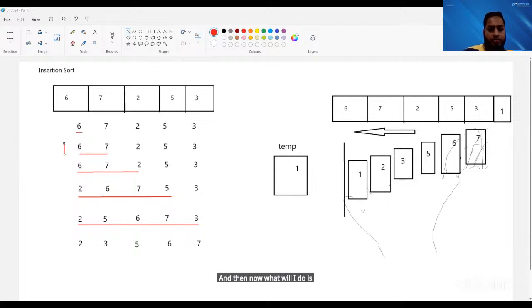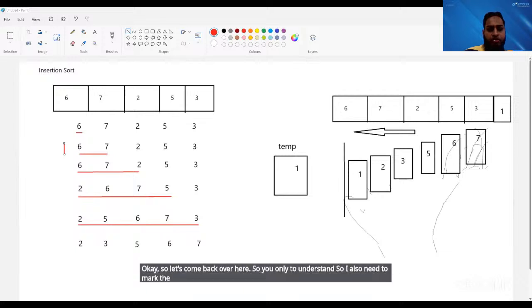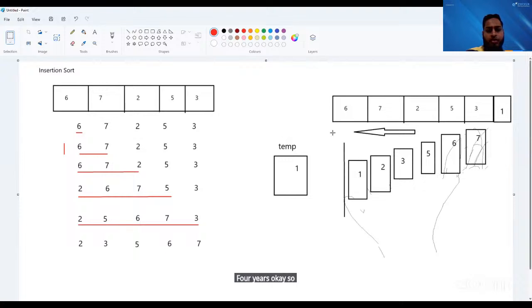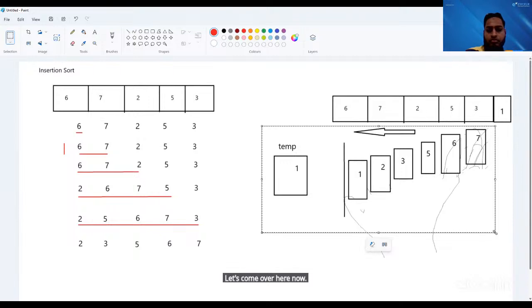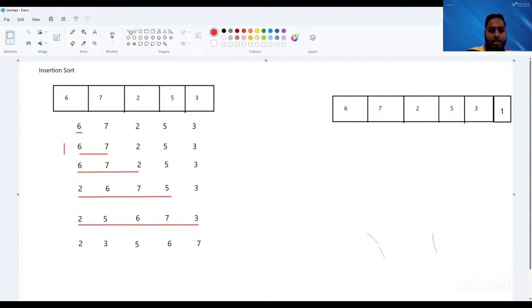okay, so let's come back over here. So you need to understand. I also need to mark the end of my palm. Okay. So let me take these. Oh yes. Okay. So let's come over here now. So this is the end of my palm.